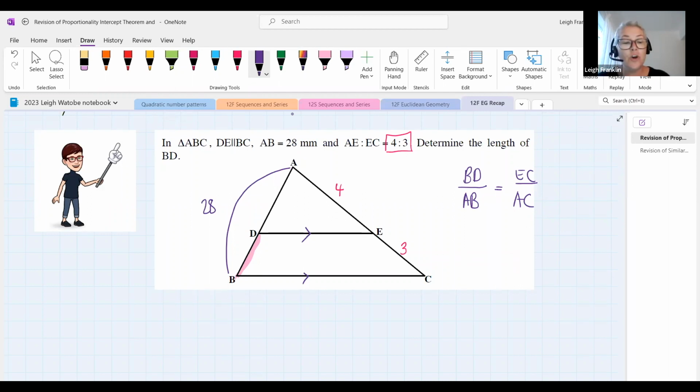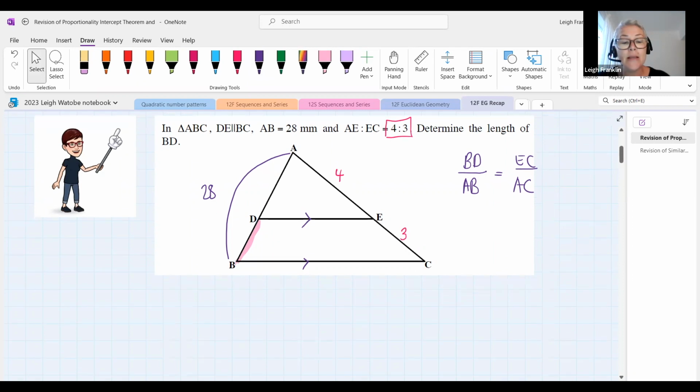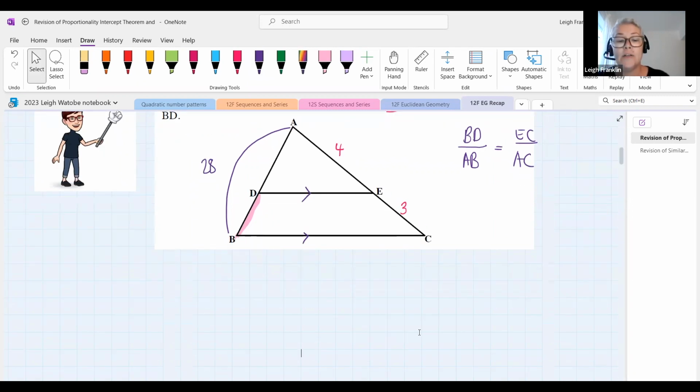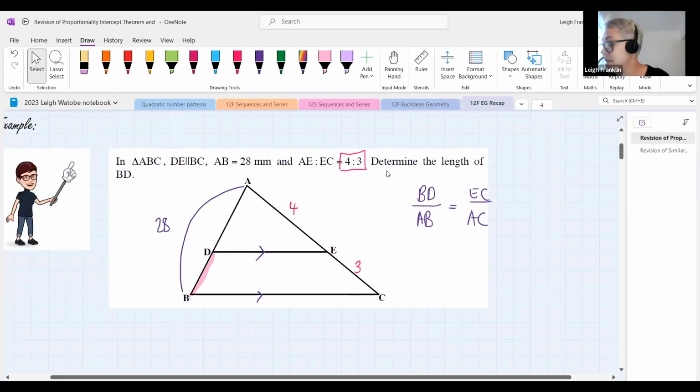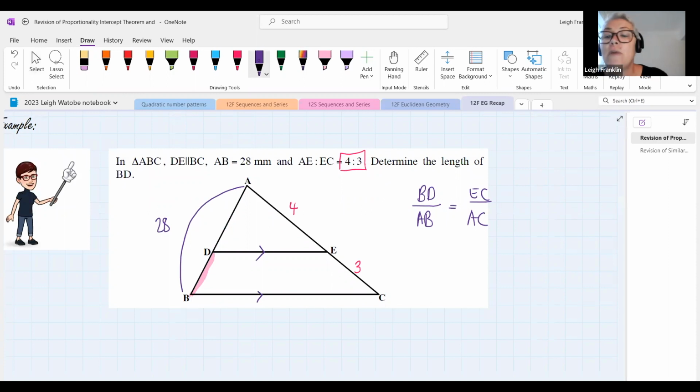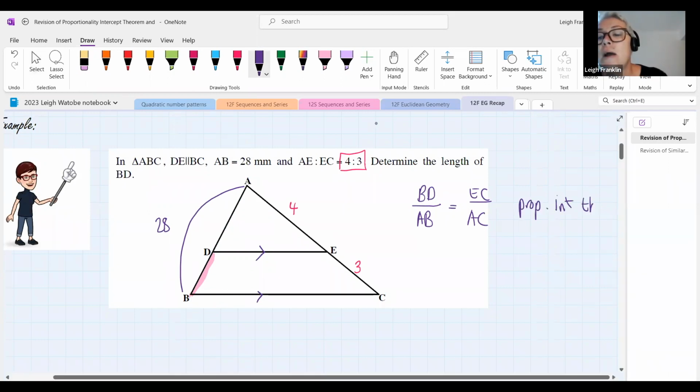And because this is geometry, every time I make a statement, I am required to back it up with a reason. So the next thing I'm required to do is write down my reason next to my statement. I would write here: proportionality intercept theorem. And what must I not forget to do, Matrix?